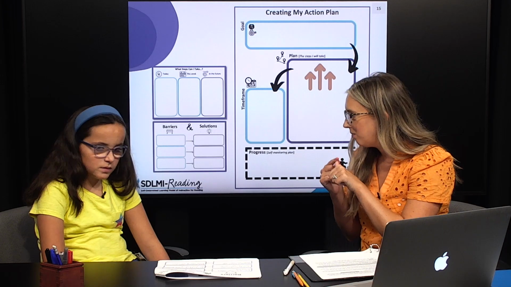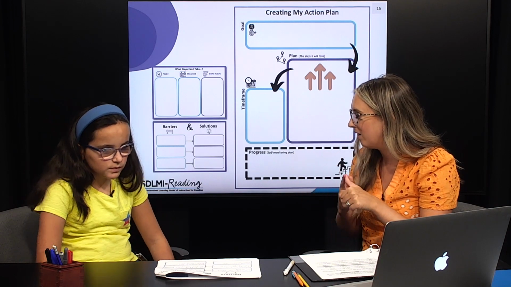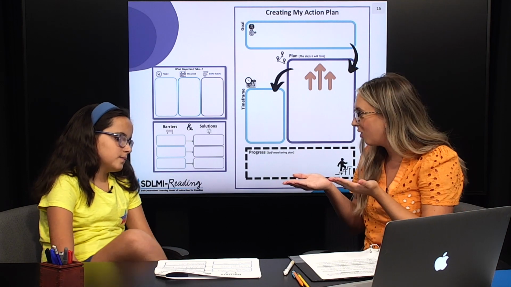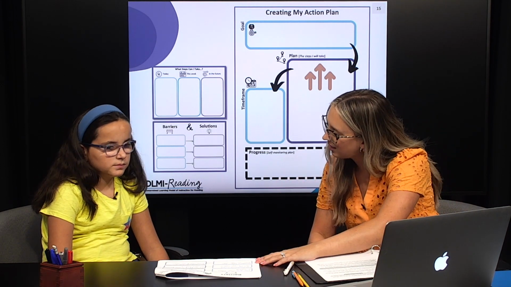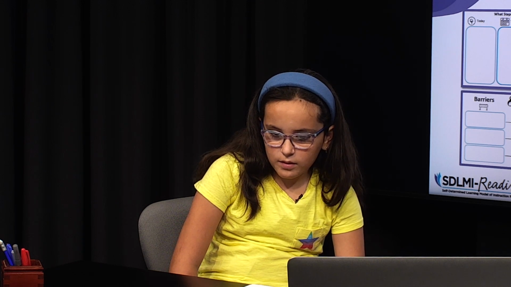So step 1 for your plan, we decided was to get a chapter book, right? Whether you buy it or go to the library. What do you think your second step could be? If I cannot find the book that I'm reading, I always have to put it in my backpack when I am done reading. Fantastic.